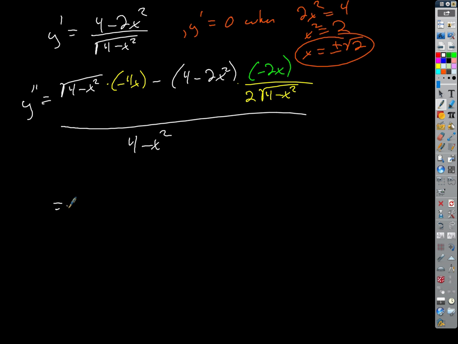So this is going to give us negative 4x. I have to get a common denominator. Let's cancel the 2's. Once again, I've got a square root of 4 minus x squared, so I'm going to multiply both top and bottom by that square root.